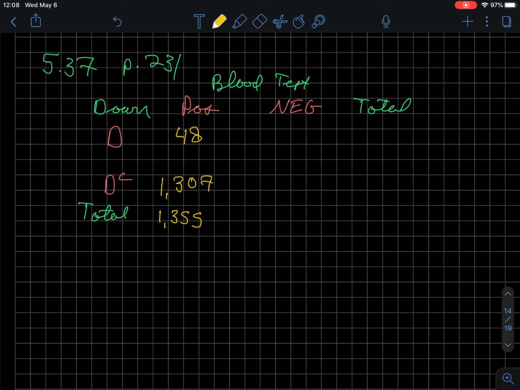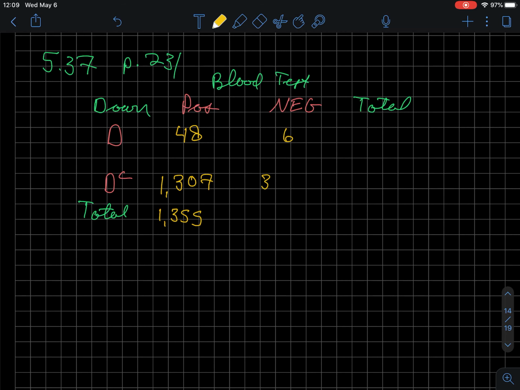For negative tests, there are 6 people who do have Down syndrome, and 3,921 people who have a negative blood test and do not have Down syndrome, for a total of 3,927 people. Adding it up, we have 54 total people with Down syndrome, 5,228 without, and 5,282 total people.